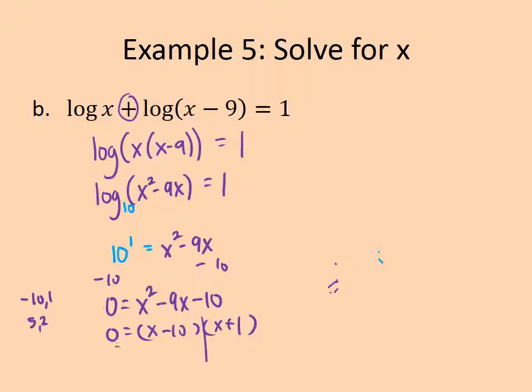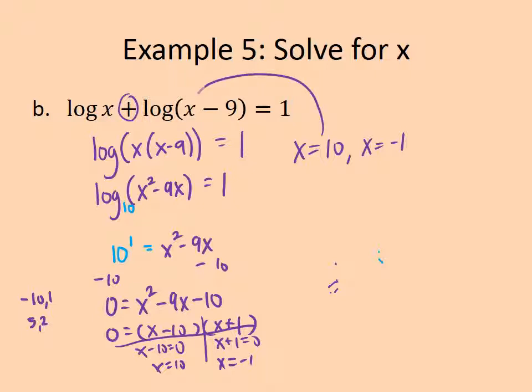Now we can tee it up. We have x minus 10 equals 0, x plus 1 equals 0. So x equals 10 and x equals negative 1. However, since this is a log equation, we must check to make sure neither of these solutions make our logs negative.